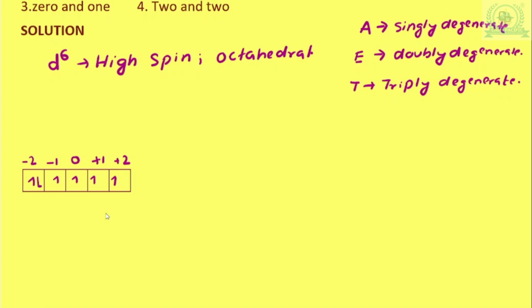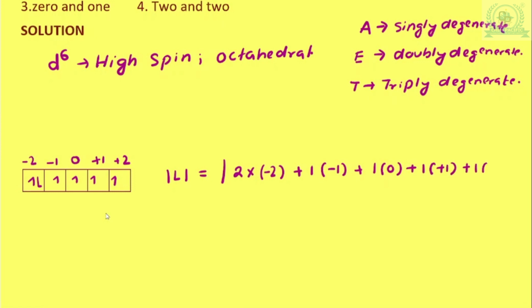So the mod value of L will be equal to: you have 2 electrons with the value of -2, 1 electron with the value of -1, then 1 electron with 0, then 1 electron with +1, and then 1 electron with +2.